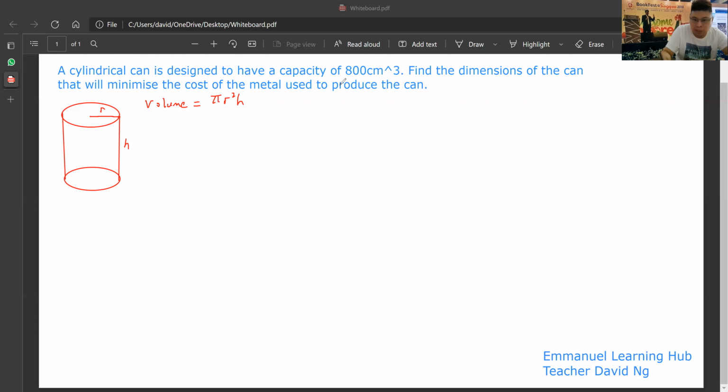They said that capacity is 800, so pi r square h is 800. Your h should be 800 over pi r square. That's your h.